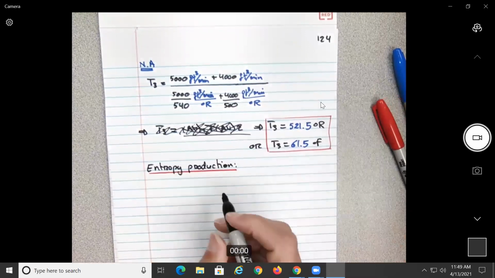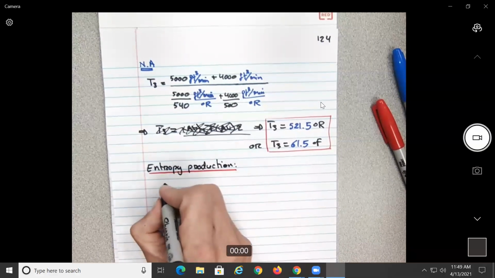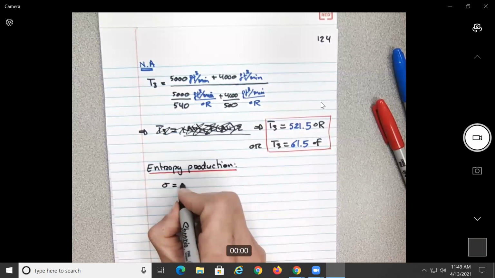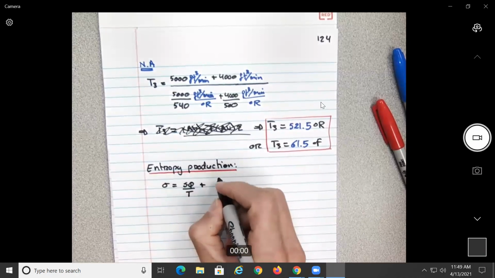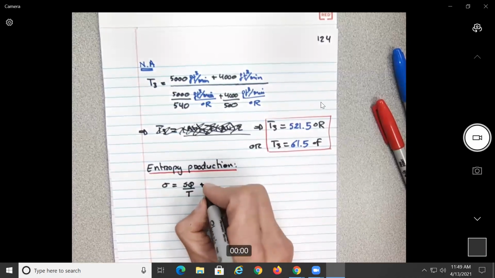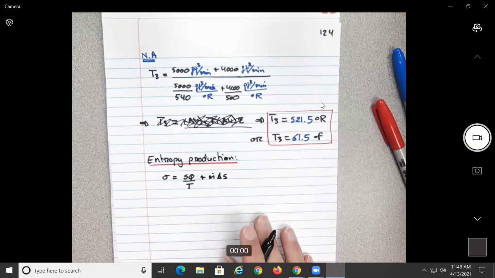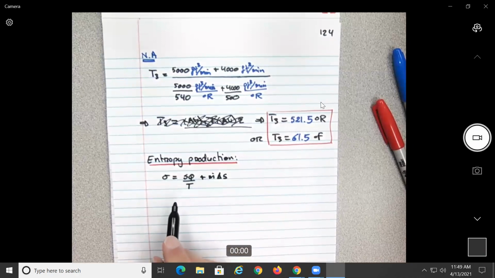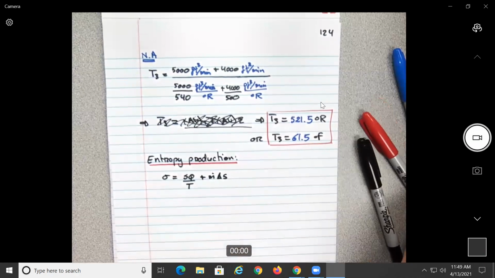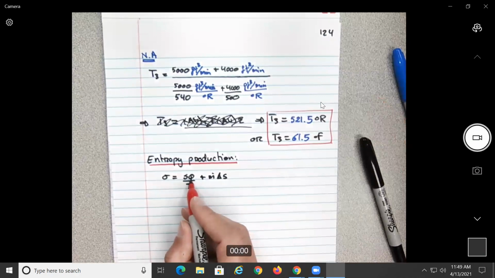Okay, so remember that the entropy production of the box, this sigma here for us, is going to be equal to the delta Q over T plus the m dot delta S. Okay, I mean, this is the same definition. So in our case, there is no loss in heat, no?